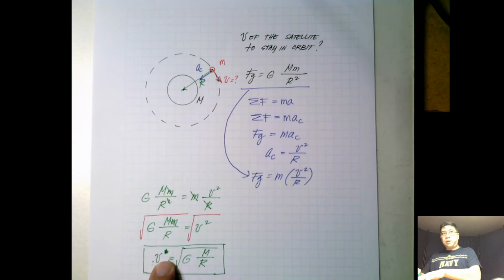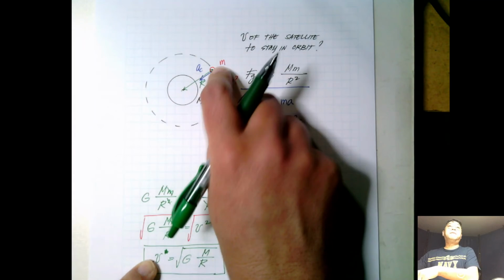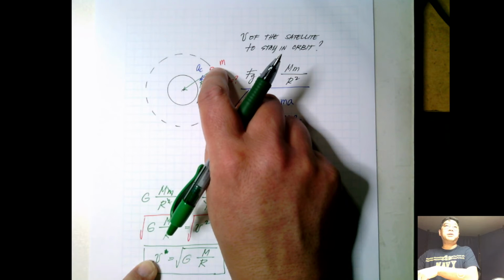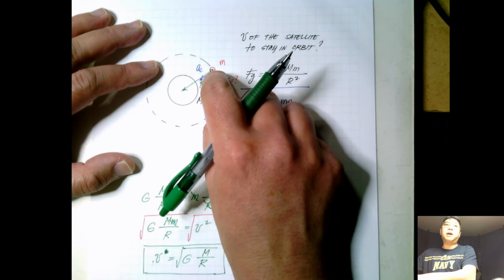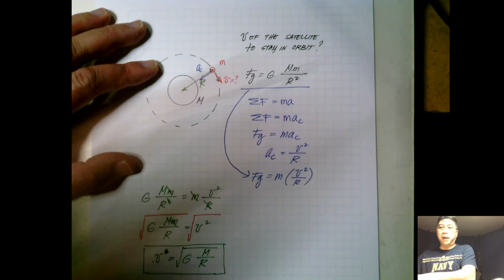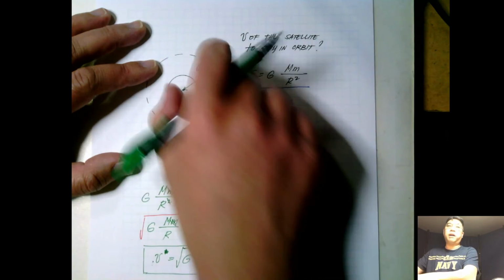What will happen if our velocity is less than this velocity? The effect of the force of gravity takes place, and our satellite will be sucked in by the planet because of the universal law of gravity.